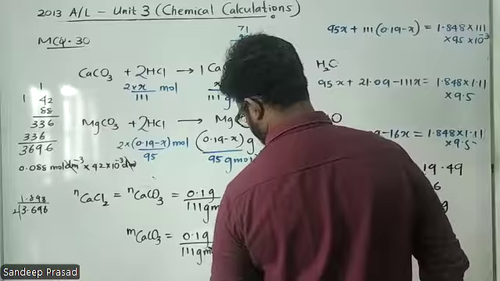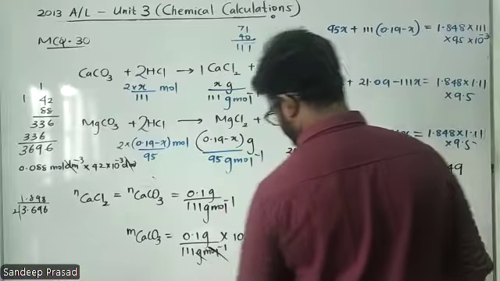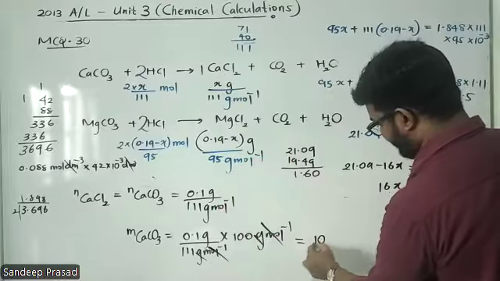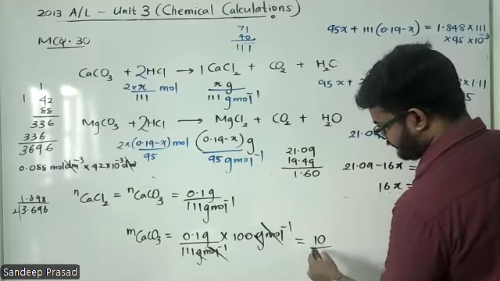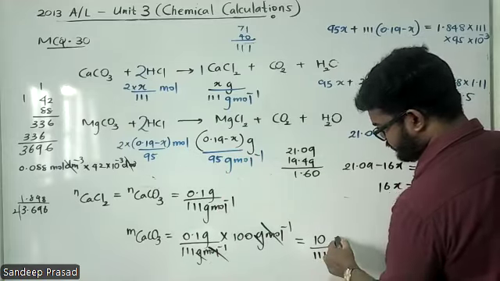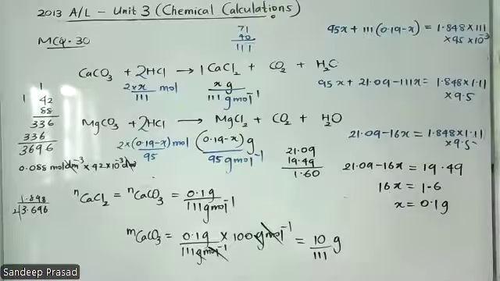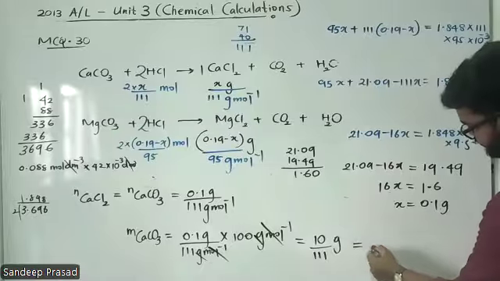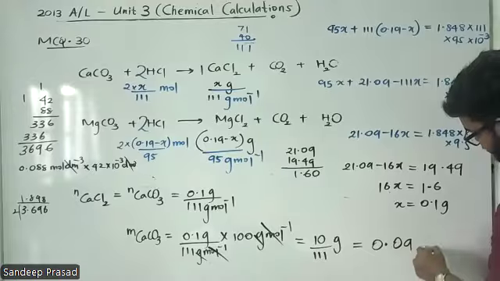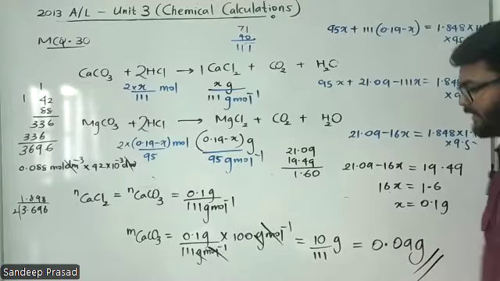So cancel off. So therefore the answer will be 10 divided by 111 grams, 0.009. Yes, we are obtaining the correct answer.